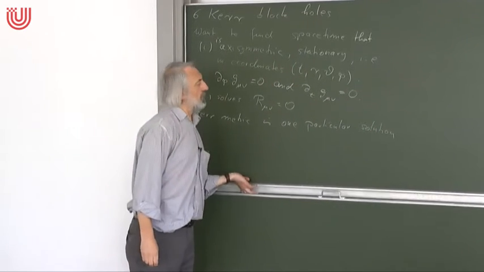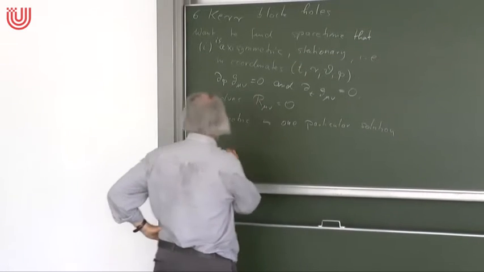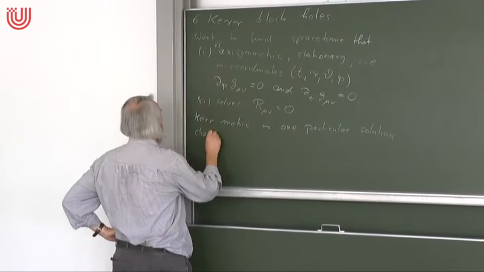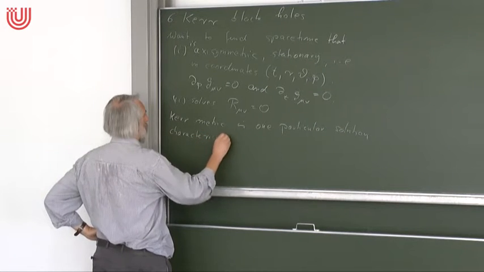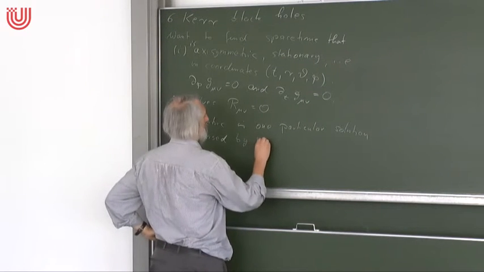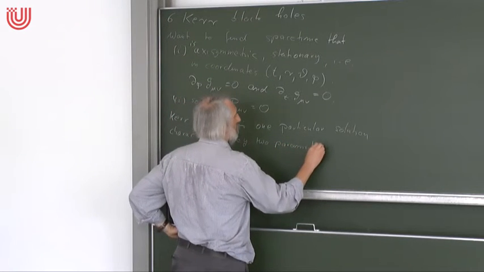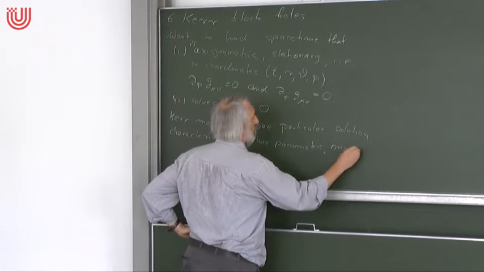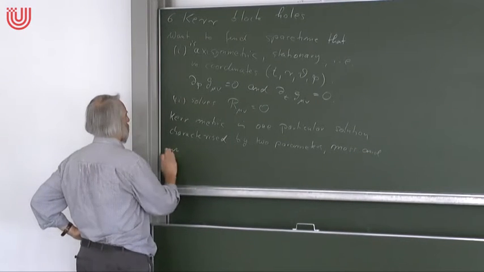It's one particular solution, and it can be characterized by two parameters. We will see this in 20 minutes or so. They are associated with mass and spin, the angular momentum.